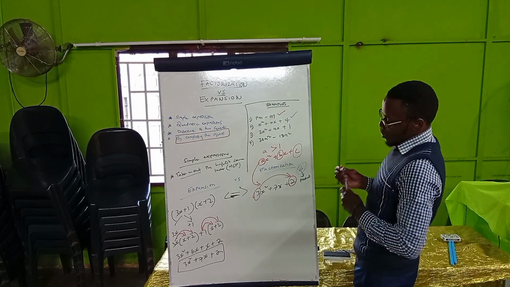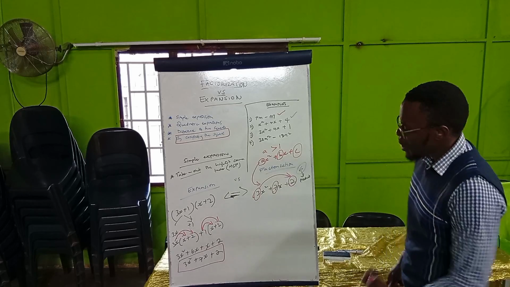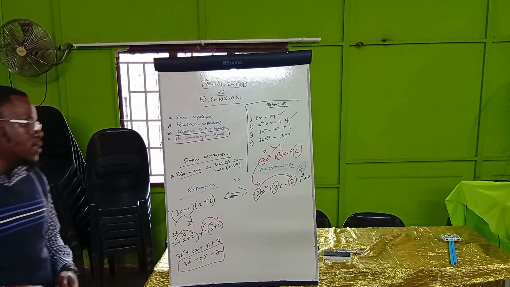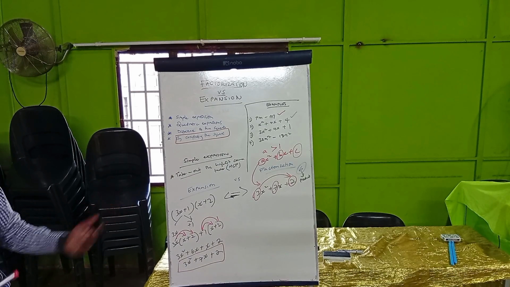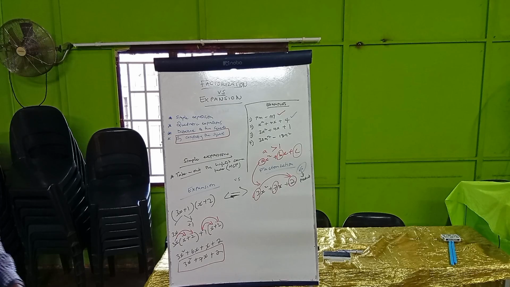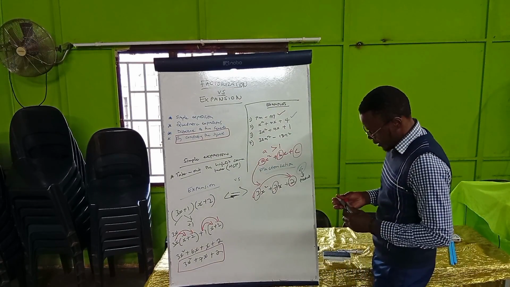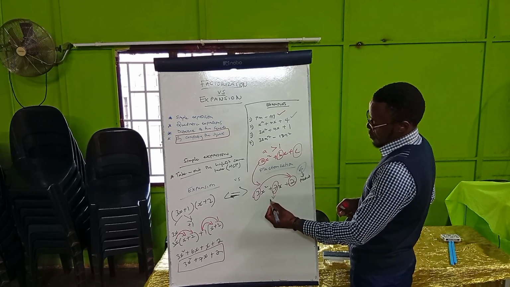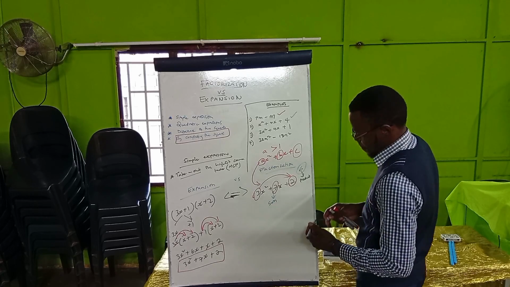In this case, our middle term will be 7x, and the coefficient of the middle term is 7. So that means now we're looking for the product to be 6 and the sum to be 7.